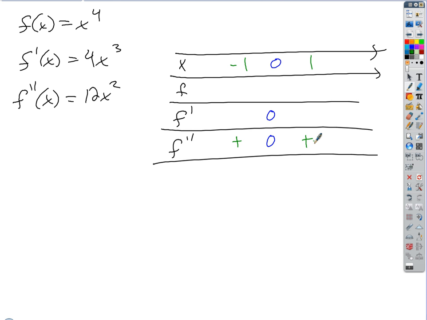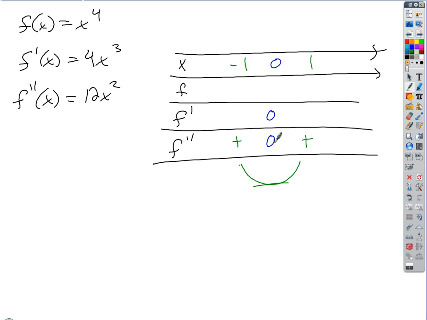Right? The only way that we could join a positive concavity and a positive concavity is going to be if we do something like this, right? Because would you agree? Yeah. Okay. So then this is a minimum, and are there any inflection points? No. Okay, sorry, that's all right.